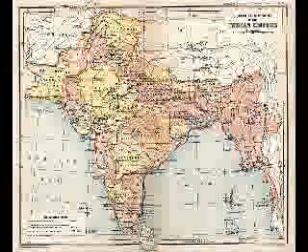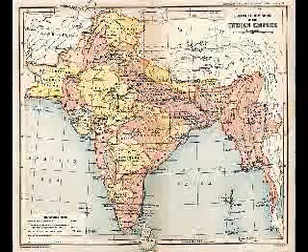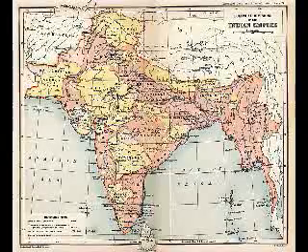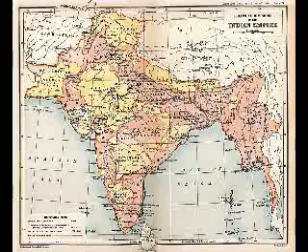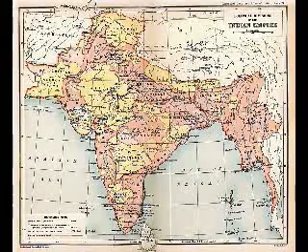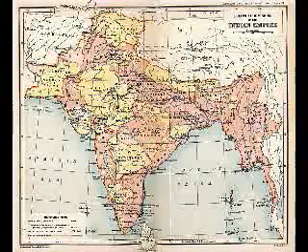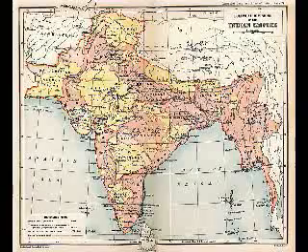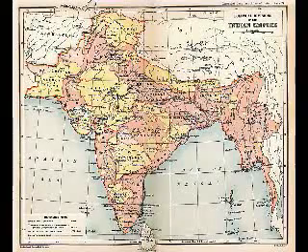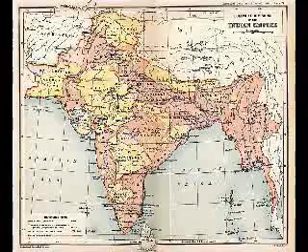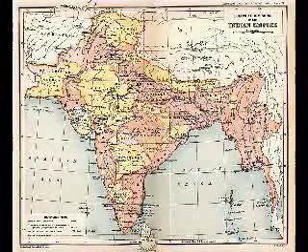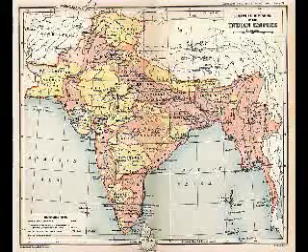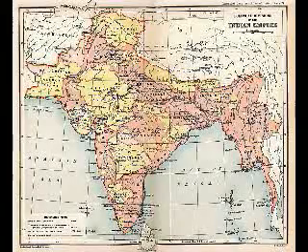Hunter's book Indian Musalmans in the year 1870, while supporting the Muslims, emphasized the distinctiveness and separateness of Muslims and called them a homogeneous community.